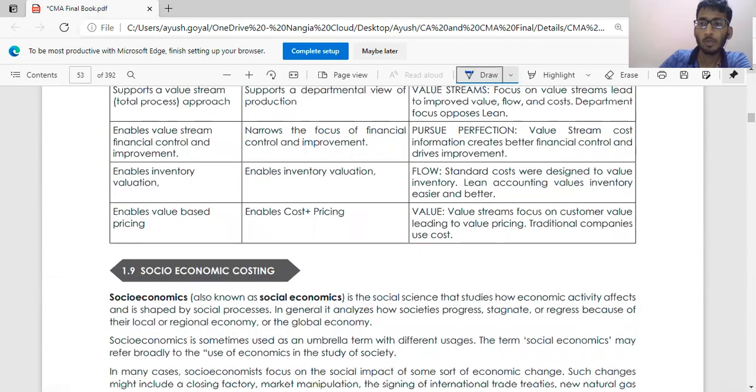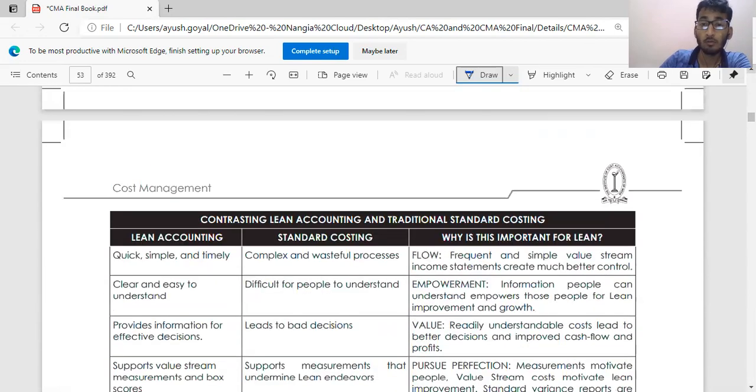The last topic which can be important for your exam is the comparison between lean accounting and standard accounting, and why this is important for lean. I want you guys to read this, because it is self-explanatory and easily understandable.